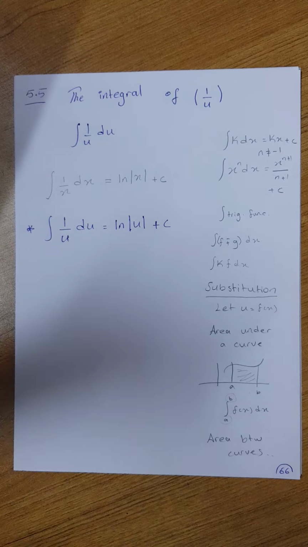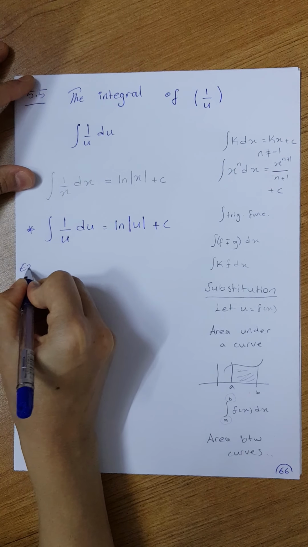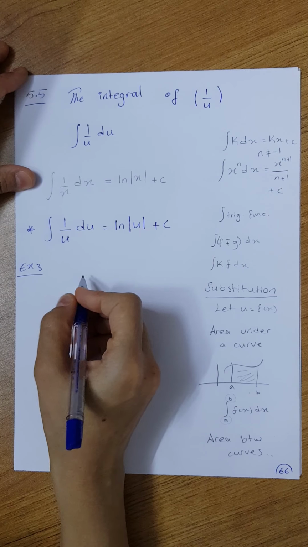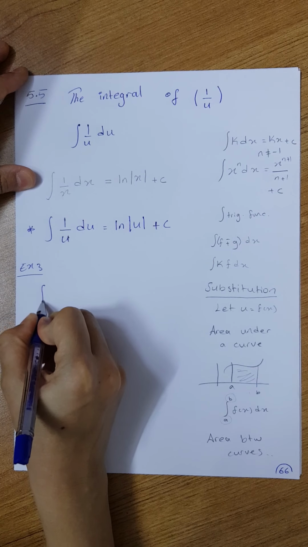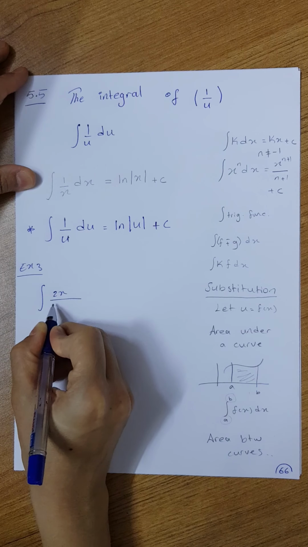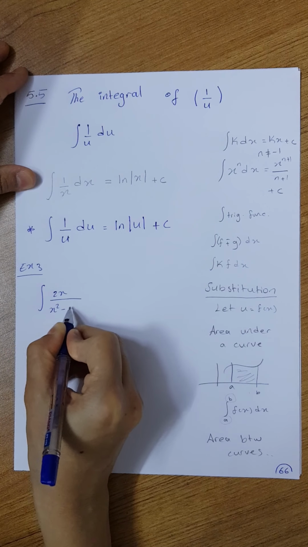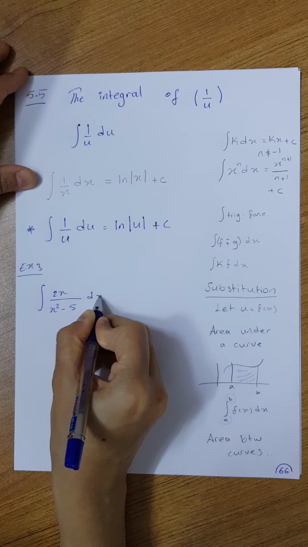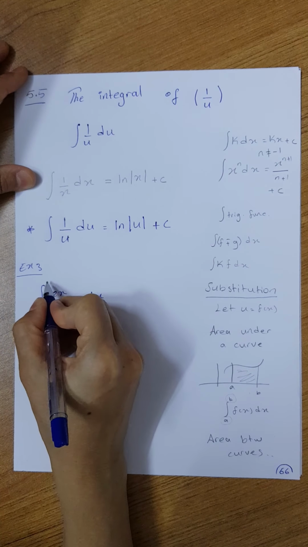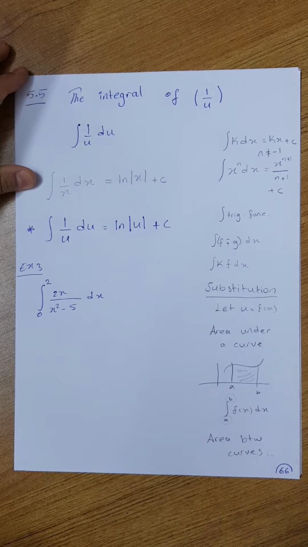The first example, example 3, it is written. Here we have got integration of 2x over x squared minus 5 dx, and the integration bounds are running from 0 to 2. That means the limitation is 0 and 2.